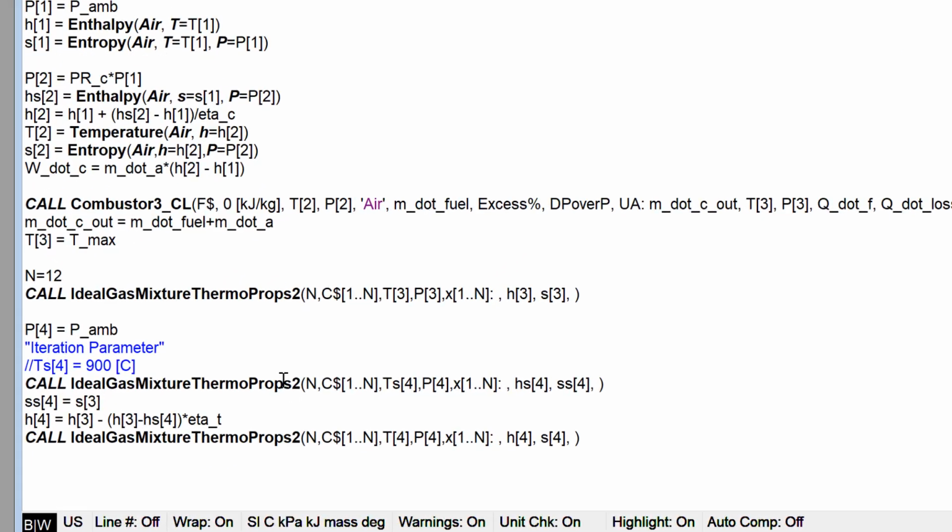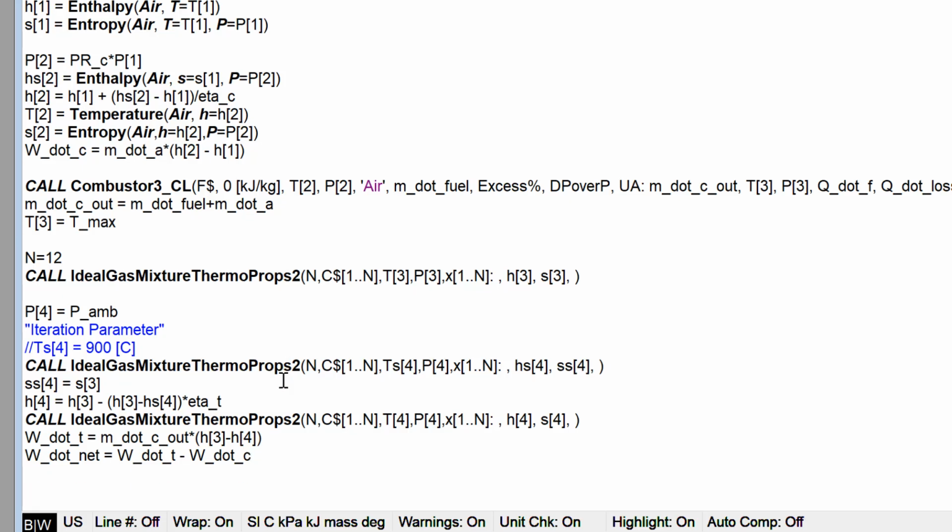If I want to know the turbine power, W dot T, that's m dot, in this case C out, because that's what's going through the turbine, times H3 minus H4. And if I want to know W dot net, that's just W dot T less whatever I need to run the compressor.